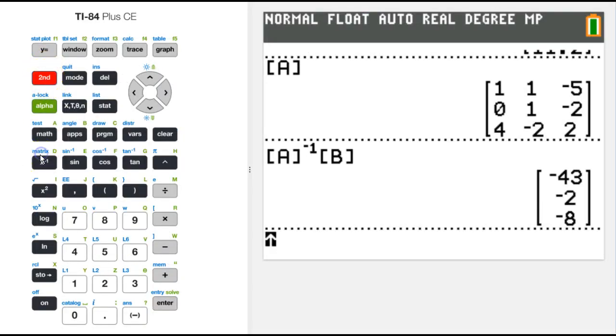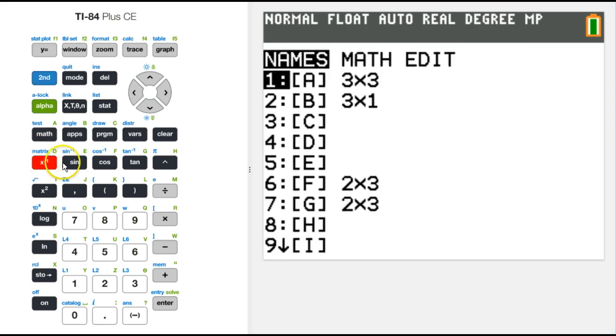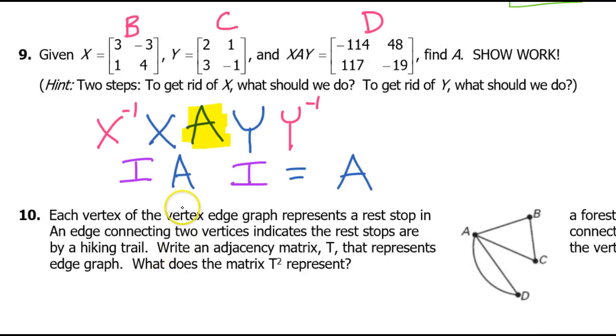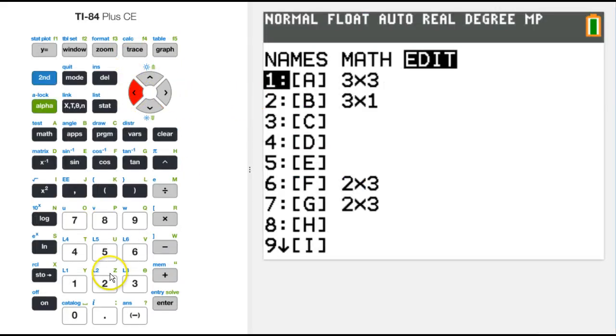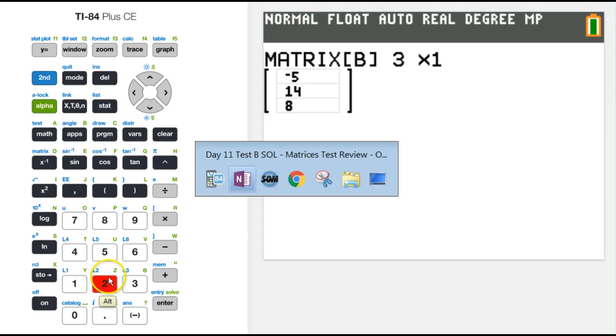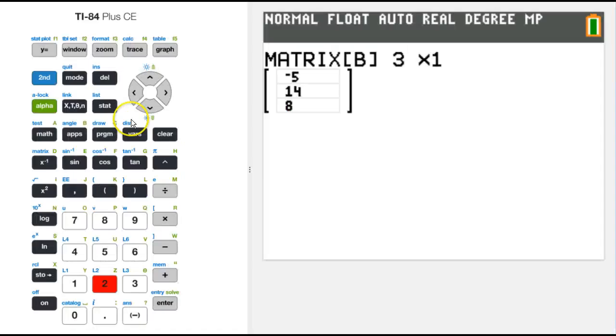So second matrix, edit. Okay, so right now I'm going to type in matrix B. So I'll hit the number 2. And this is a 2 by 2 matrix. So 2 by 2.